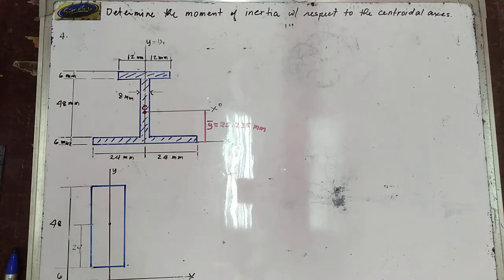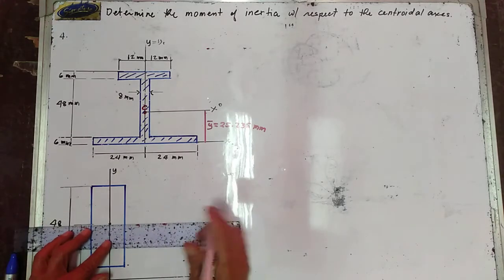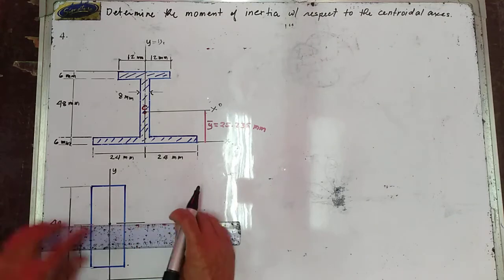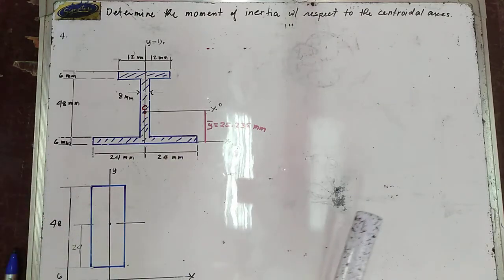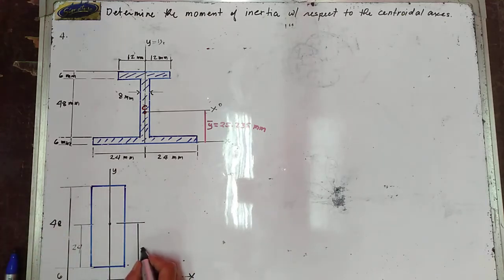And then we now have 24 millimeter. Now, such that this distance in here up to your x is equal to 30 millimeter.